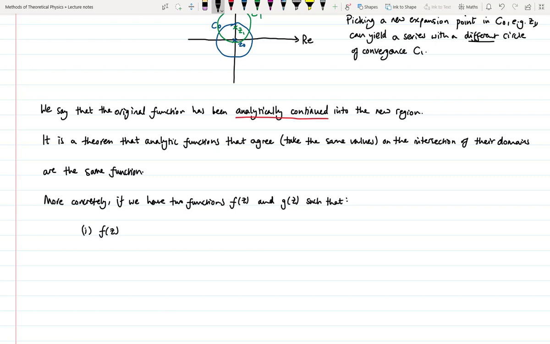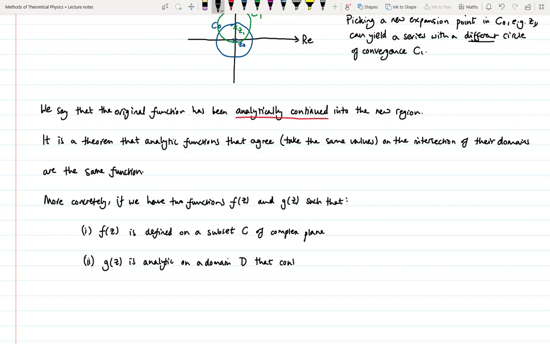Firstly, f of z is defined on a subset, let's call it C, of the complex plane. Secondly, a function g of z is analytic on a domain, and that's a range of input values, D, that contains the subset C.